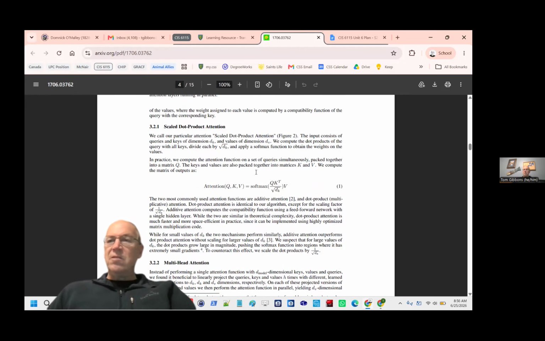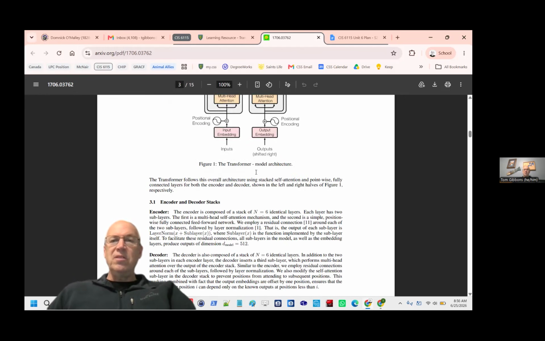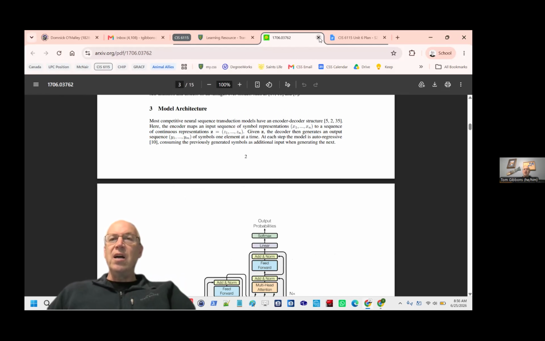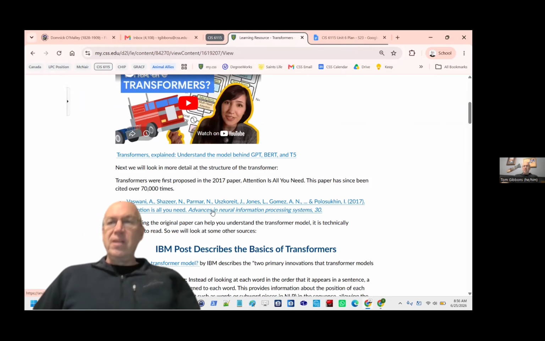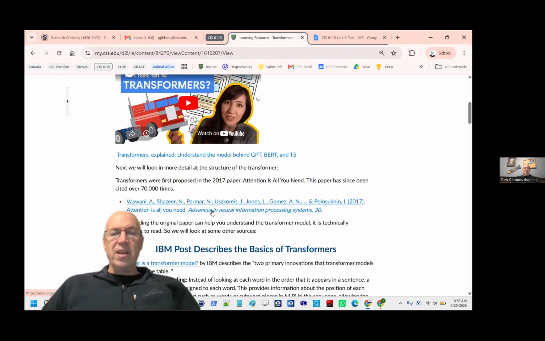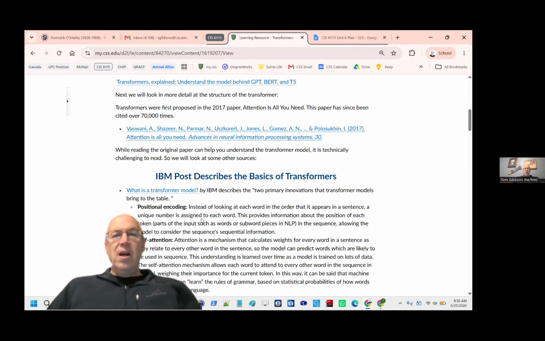And I think this paper is somewhat accessible, so it's not a bad place to read compared to some other papers. But then there's 100 people walking you through it on the internet. So if you want to look at one of those, that's fine too.